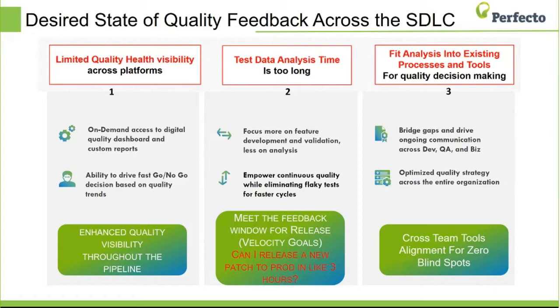Different team members, developers, testers, product owners, business, use different tools to consume the data. So the desired state, when you are talking about fitting analysis into the existing processes and tools, is that whoever is contributing and part of the agile team will be able to get visibility into the quality of the release in his own environment, whether it's an IDE, Slack, Jira, email, web browser, it doesn't matter.